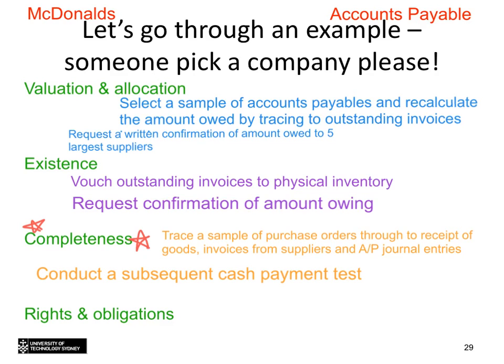So in the 30 to 60 days after the end of the financial year, you look at money flowing out of the company and you try and match it back to an accounts payable. If you can match it back to a listed accounts payable, that's great. But if you've got outflows that do not match to any sort of liability that you can find on your books, then that is potentially an unrecorded accounts payable.